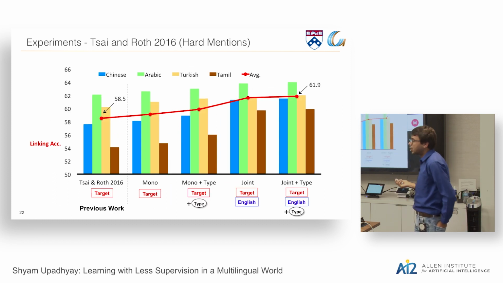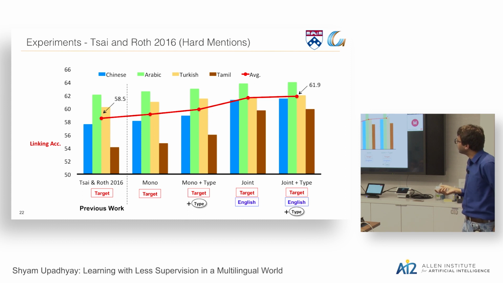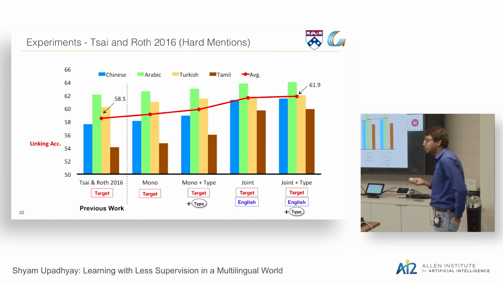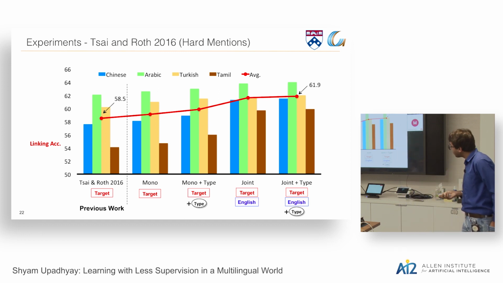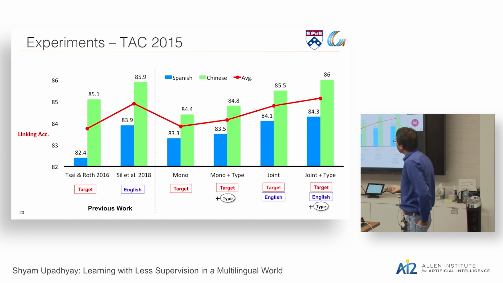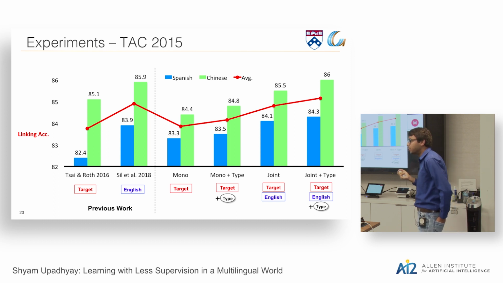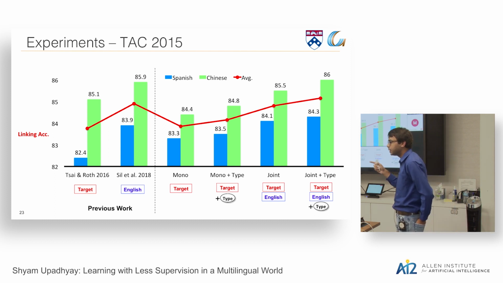A similar trend is also observed for the non-European languages. Again, the joint model improves significantly on the monolingual model, and incorporating the type loss improves performance. And finally, on the TAG data set, one thing that you would notice here is that performance improves significantly compared to the previous 2 slides.